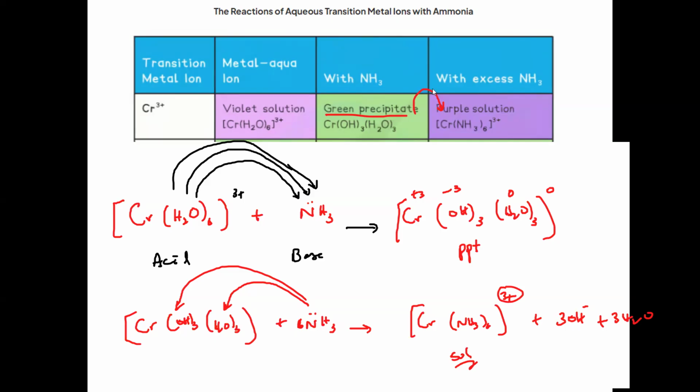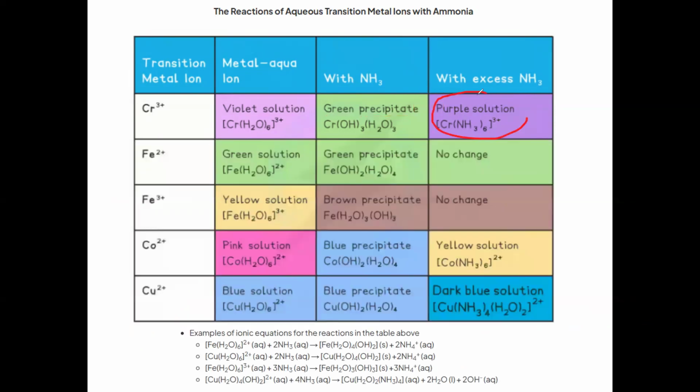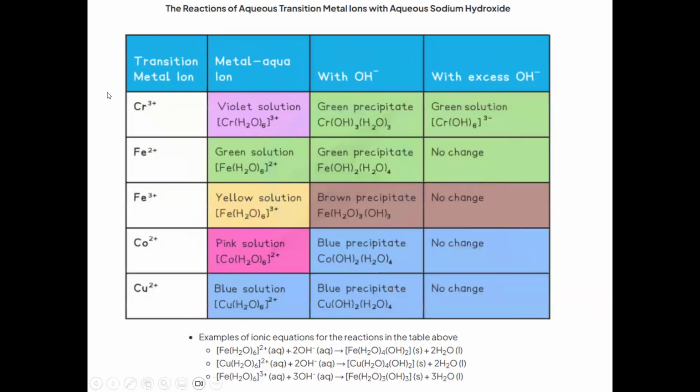So remember, with aqueous ammonia, if the precipitate dissolves, what does it indicate? This indicates a ligand exchange. The first reaction is always the acid-base reaction. But with sodium hydroxide, if the precipitate dissolves, what does this indicate?